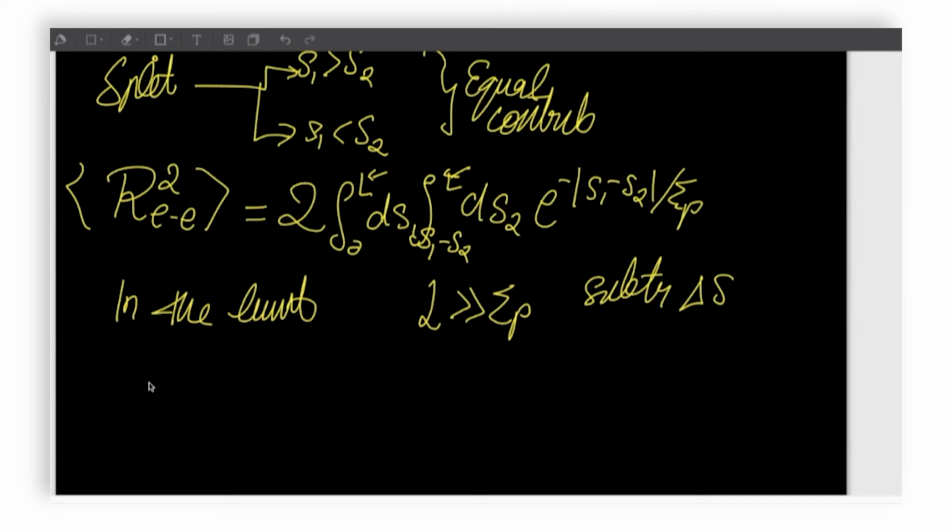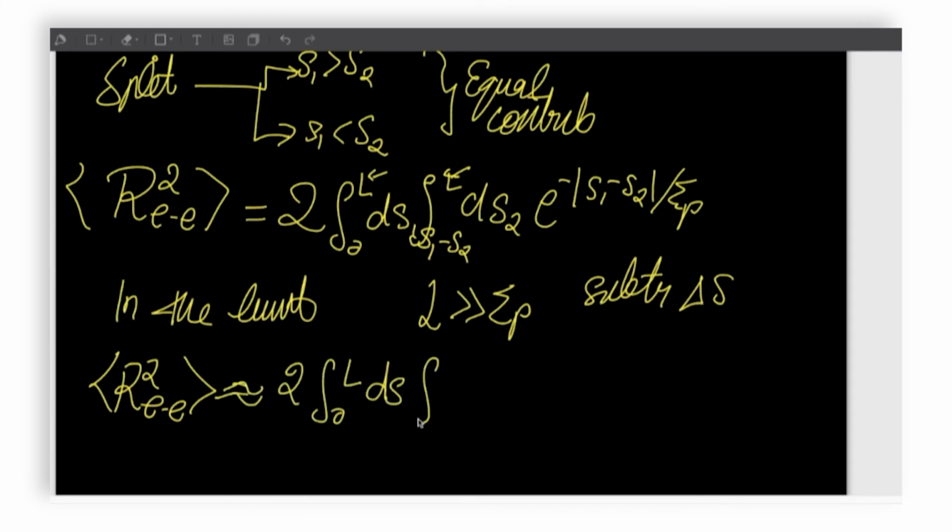and end up with something that looks like this, which is R_ee squared approximately equal to 2 times the integral from 0 to L ds, times the integral from 0 to infinity d delta s, of e to the power minus delta s upon Cp.